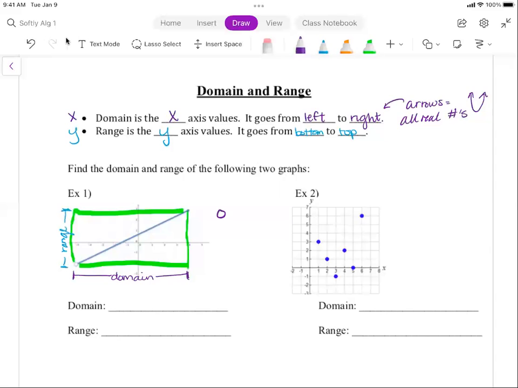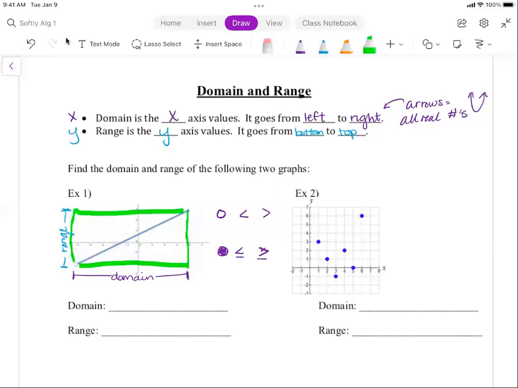We've got to remember a few things. If I have a regular circle, this is going to be less than or greater than. When I have a circle that is colored in, it's going to be less than or equal to, or greater than or equal to.